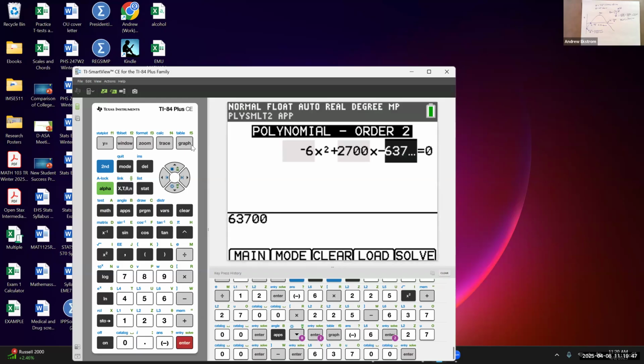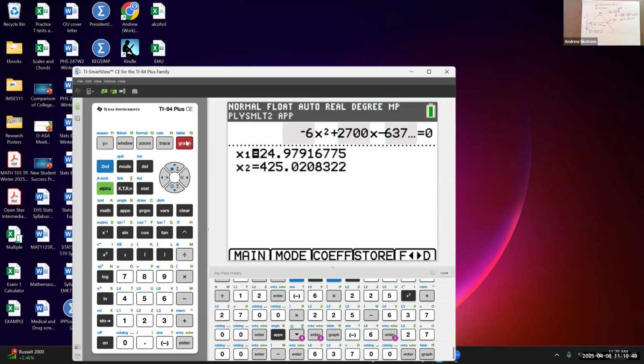Now that I've got all that, I want to solve it. And this is telling us that x1 is about 25, x2 is about 425.